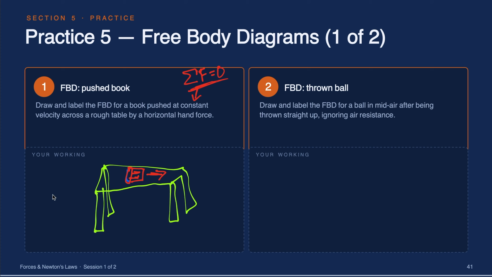So my free body diagram, this dot would be the book. So I'm pushing it across the rough table. So my force applied would be in this direction. Or it could be the other way, just some direction, right? I'm pushing it across that way. And then my force due to friction would be acting this way. And it'd be kinetic friction, right? Because it's in the direction opposing motion.